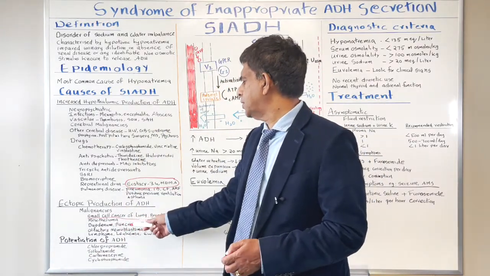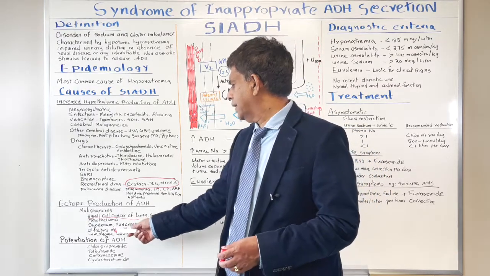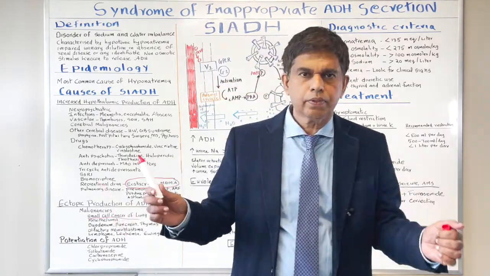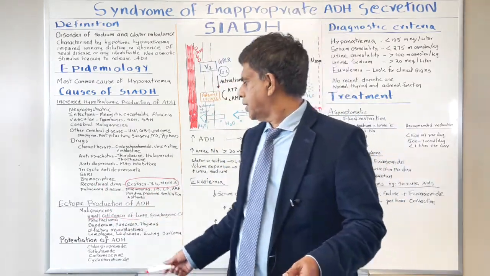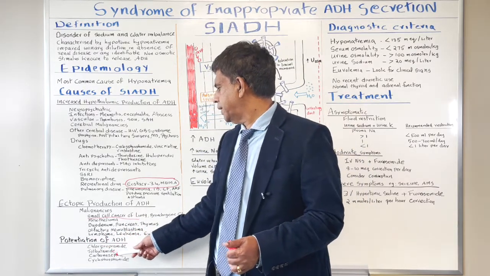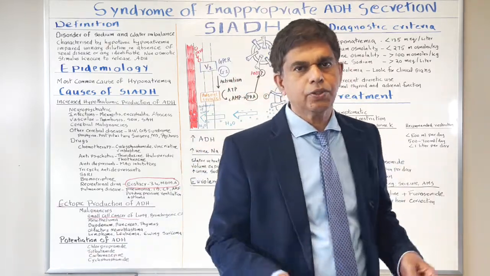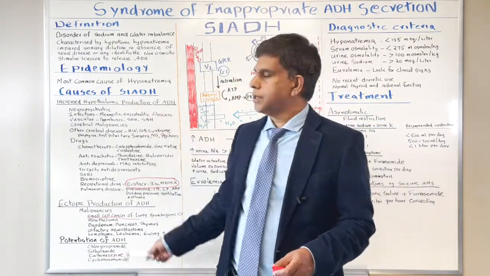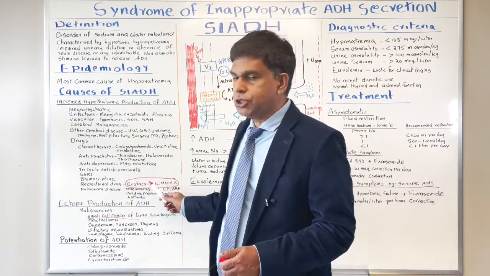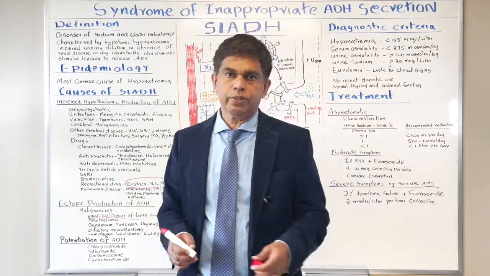It can also be caused by cancer of the urinary tract, pancreas, thymus, neuroblastoma, lymphoma, leukemia, Ewing sarcoma, and all of those things can cause it, okay? Now, when we talk about the potentiation of the ADH, you got chlorpropamide, tolbutamide, carbamazepine, cyclophosphamide, all can potentiate the ADH. So it's very important to remember all three causes, okay? It's a long list, but make sure you know about ecstasy causing it, and make sure you know about small cell cancer of the lung causing hyponatremia.